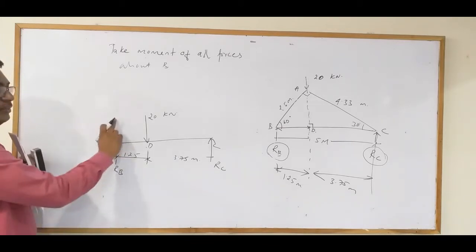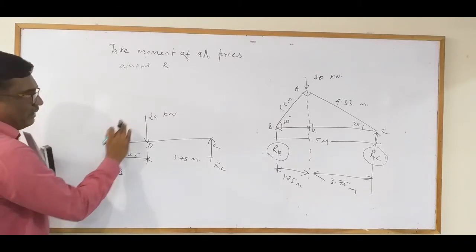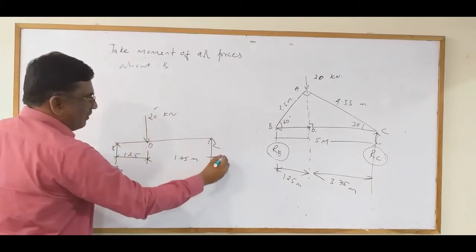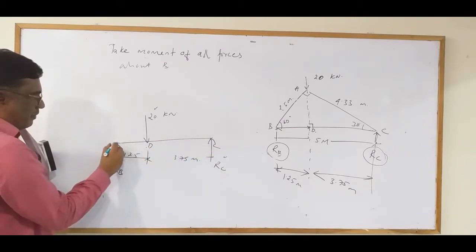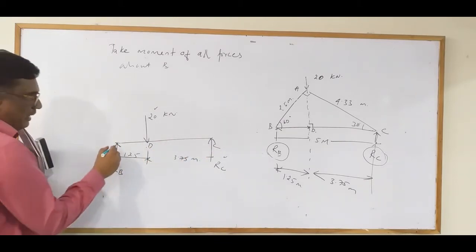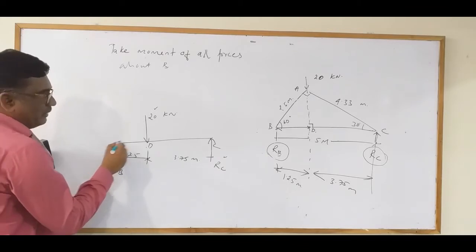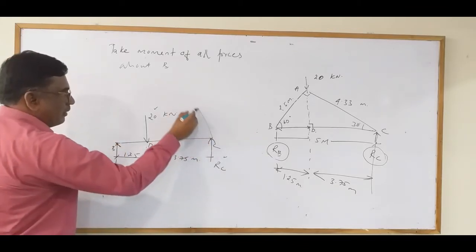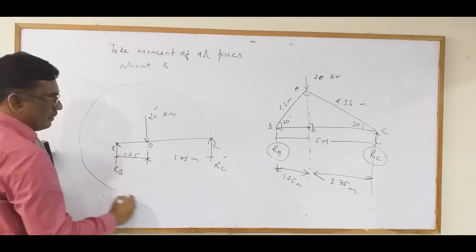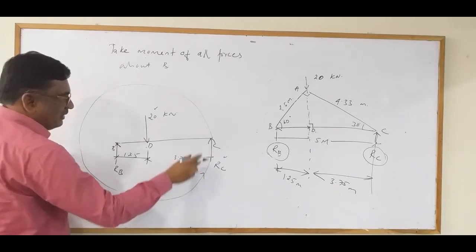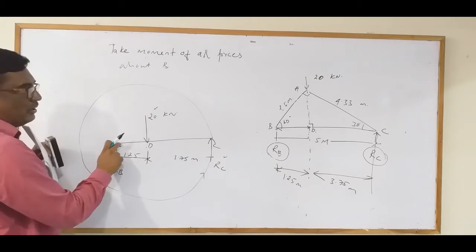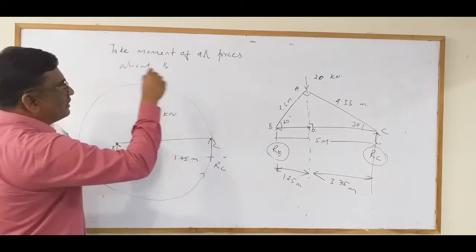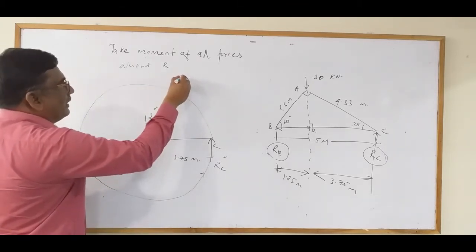RB is passing through B, so you leave it. What are the remaining forces? Force 1 and force 2. So about this point you are going to take moment. This force is traveling in this direction about this point, so it is making an anti-clockwise rotation.